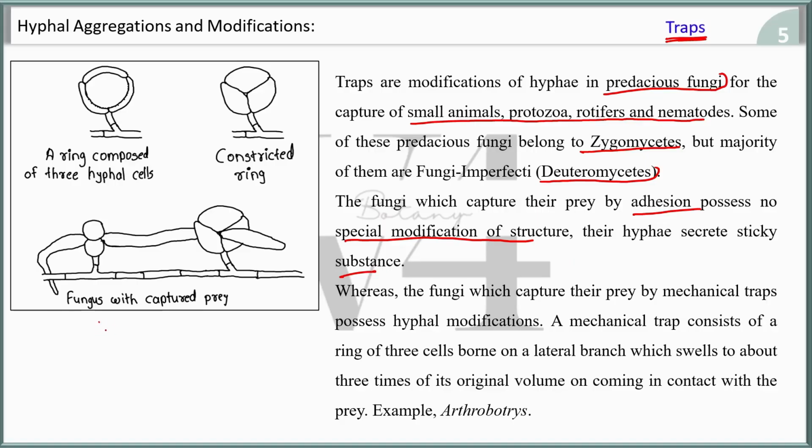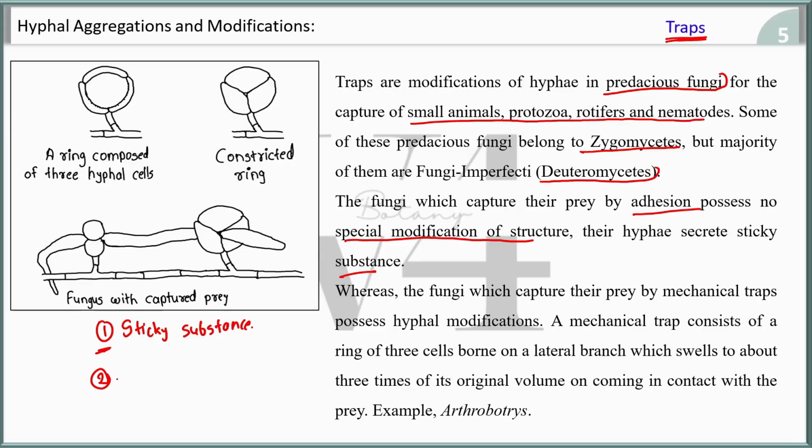These predaceous fungi can capture their prey in two ways. First is by secreting a sticky substance. Their prey gets adhered, stuck to this sticky substance, and then the hyphae release digestive enzymes like cellulase, protease, etc., and they take up the nutrients from the prey.